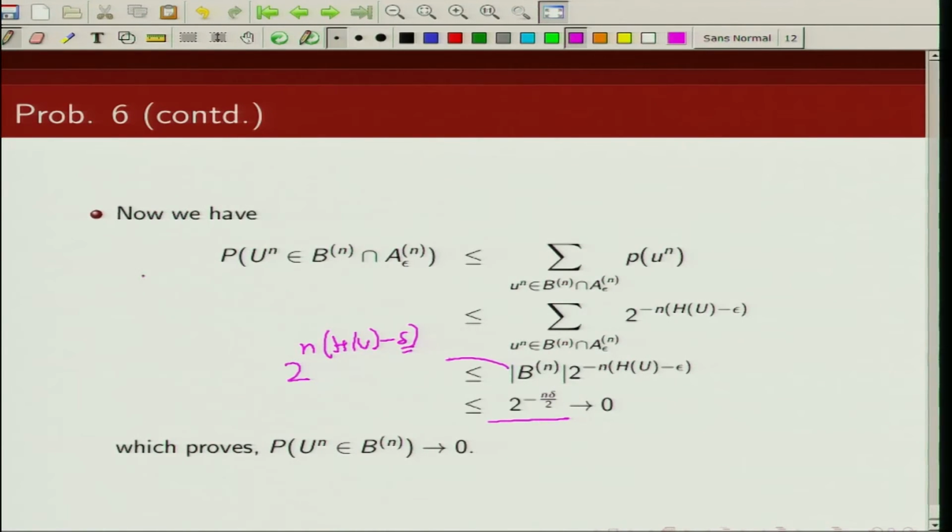Now if I take the limit as n goes to infinity, this term will essentially go to 0. Which essentially proves that the typical set is the smallest set which will have a non-zero probability. So with this we will conclude this lecture. Thank you.